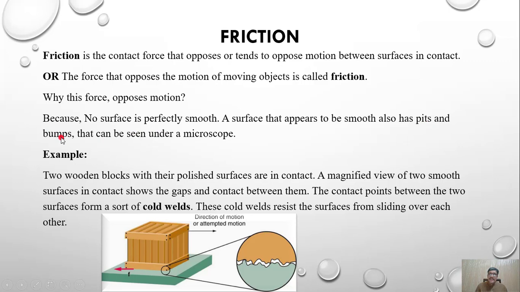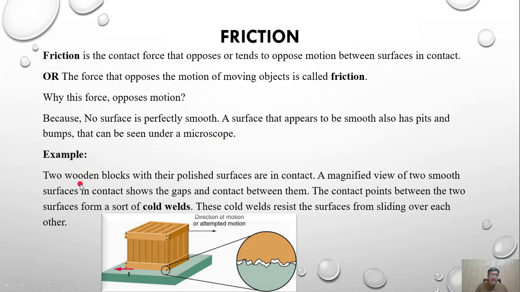Means to say, a surface which appears smooth also has some gaps, and that can only be seen under a microscope. If you look at your finger under a microscope, there are huge pits and bumps.